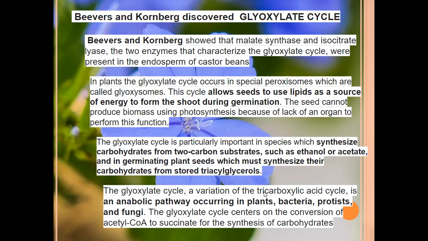Generally, the tricarboxylic acid cycle occurs in the mitochondria. Similar reactions occur in the glyoxysomes, which produce special products by the glyoxylate cycle.